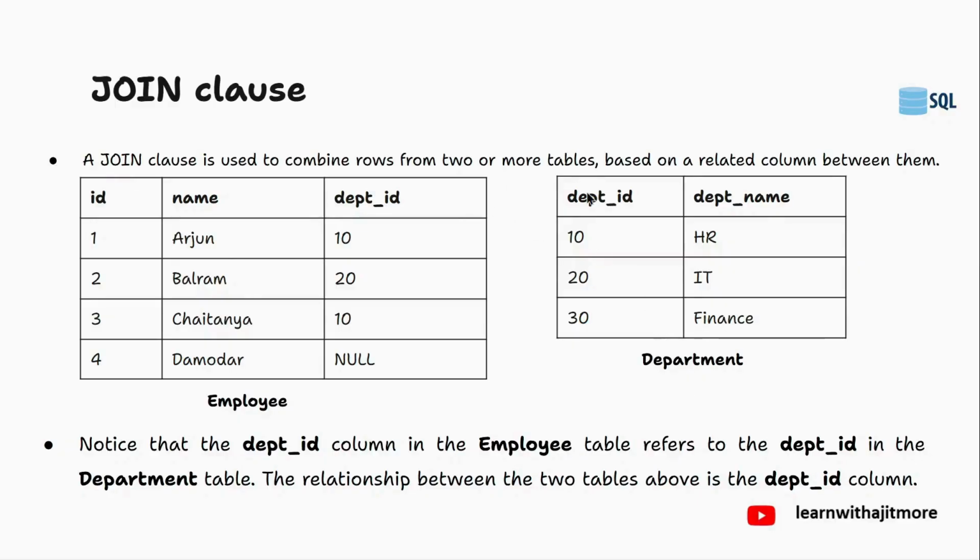So based on that column, they are setting the relationship between employee and department. Whatever value of department ID is there in the employee table, that ID is present in the department table. There are some employees who have not been assigned any department, and there are some departments in which no employees are working. That can happen.